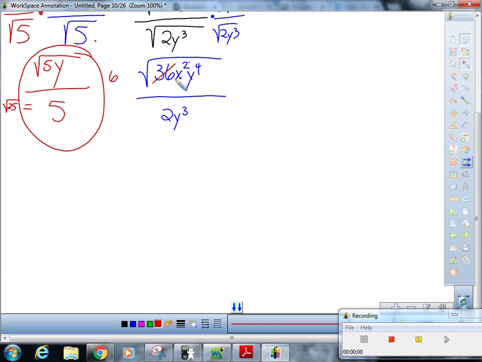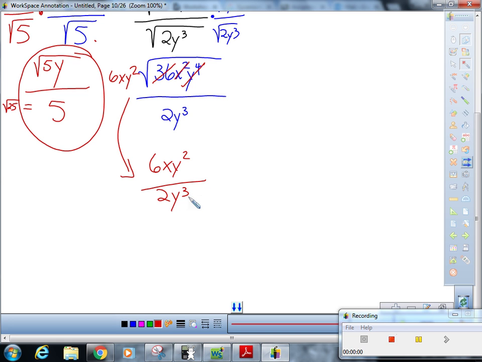What's the square root of x squared? X. What's the square root of y to the 4th? What times itself gives you y to the 4th? Y squared. The entire top is out of the radical now. That's nice. You get 6x y squared over 2y cubed.